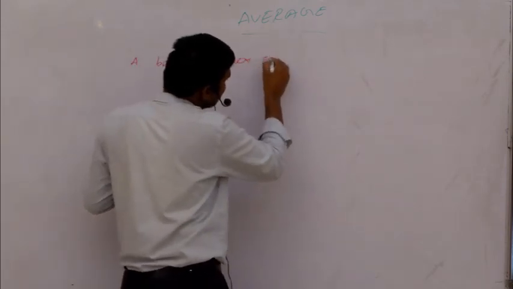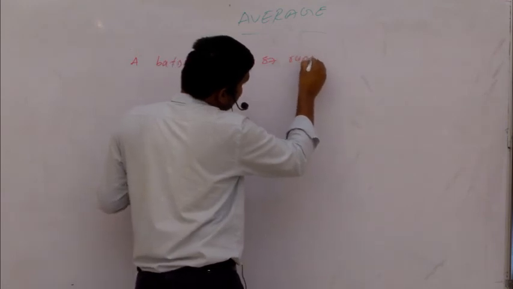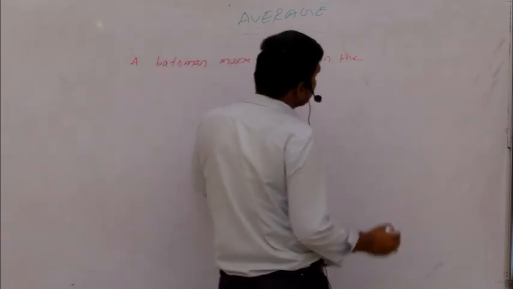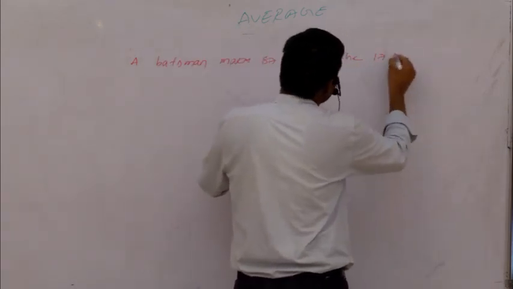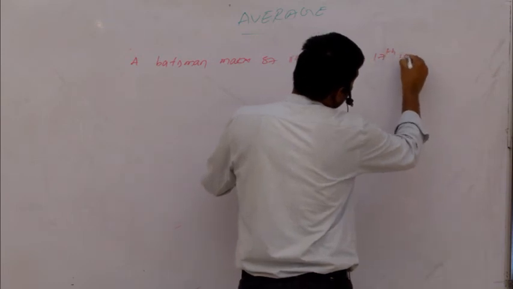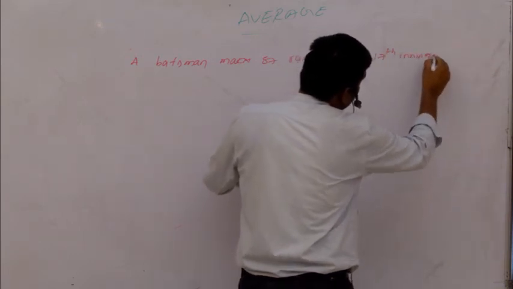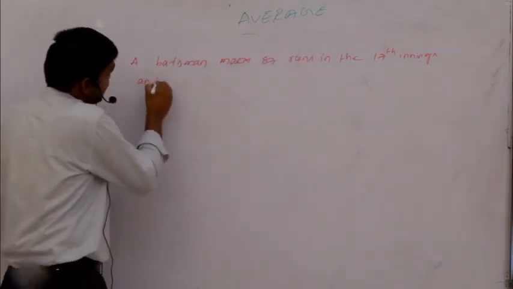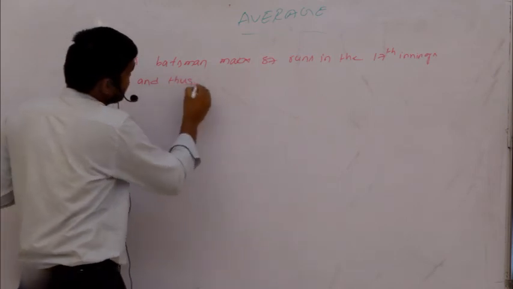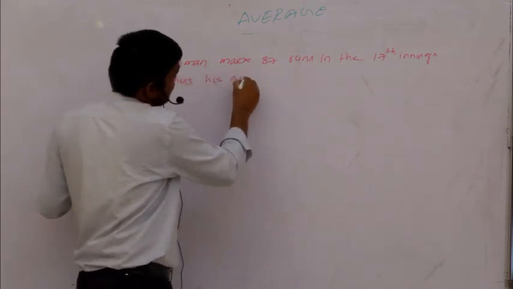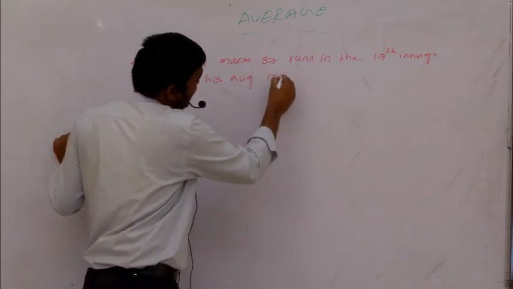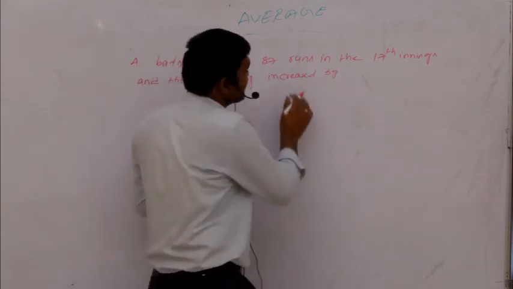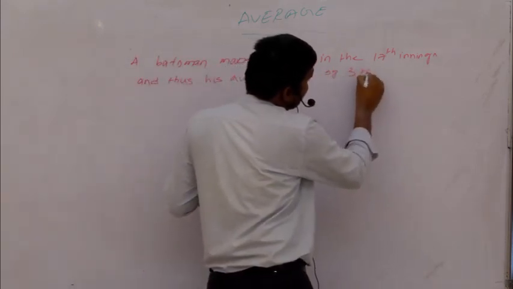A batsman makes 87 runs in the 17th inning and thus his average increases by 3 runs.